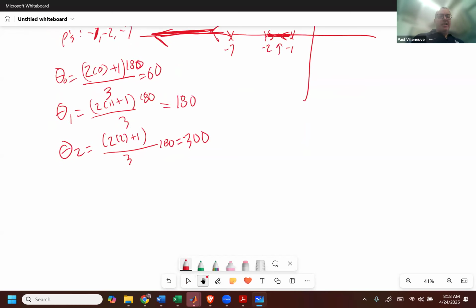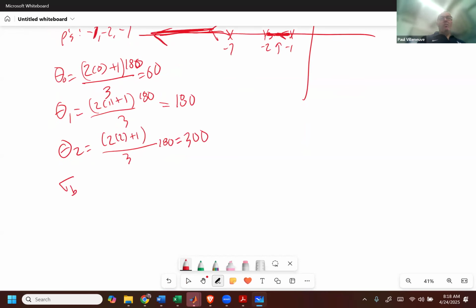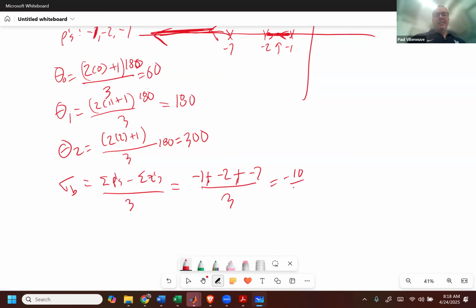Now we need to calculate where our asymptotes originate from. That's sigma sub a: the sum of the poles minus the sum of the zeros, divided by n minus m, which is 3. So that's -1 plus -2 plus -7, all over 3. -10 over 3 is -3.33.